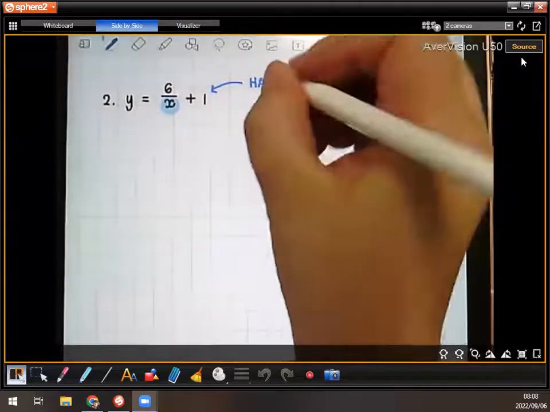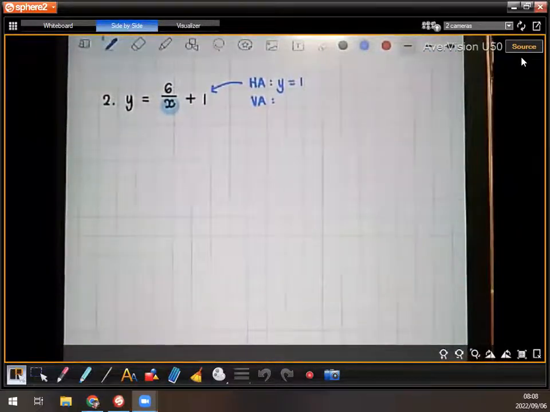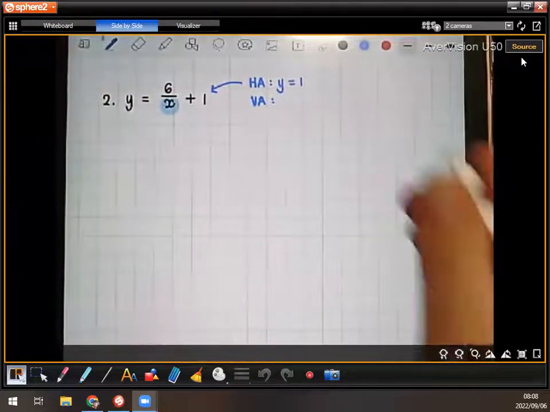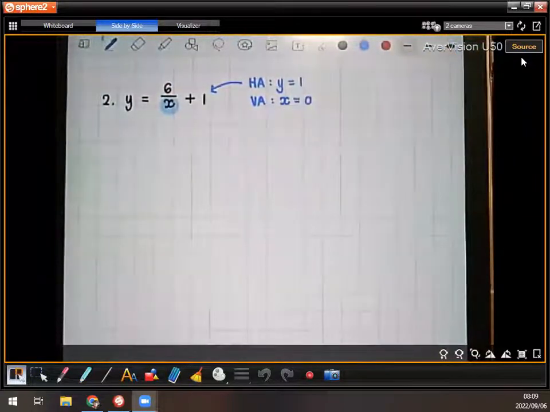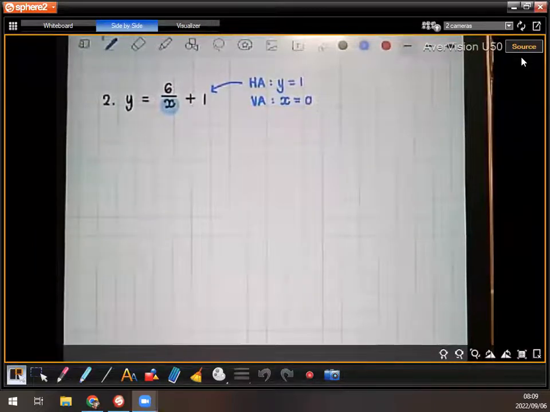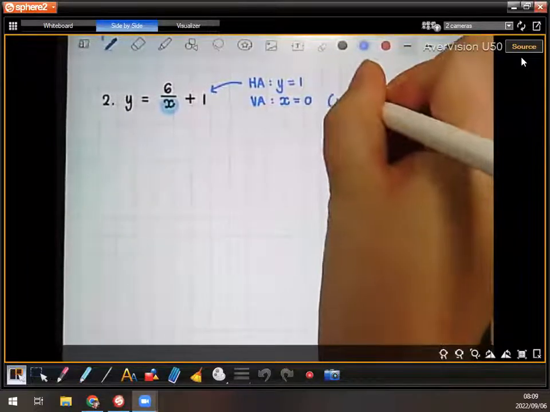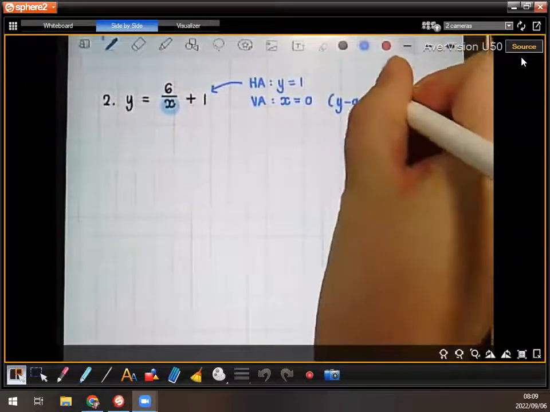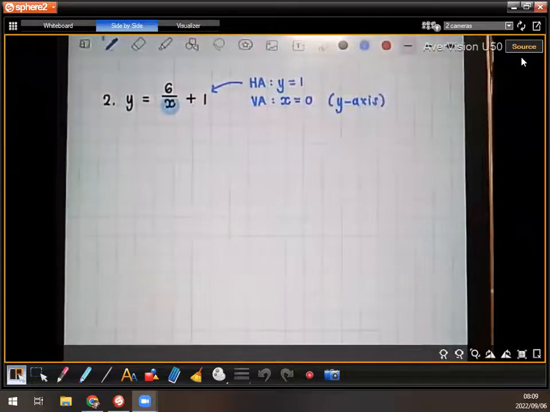The vertical asymptote in grade 10 is always going to be the y-axis. What is the equation of the y-axis? X equals 0. Good. So I'm just going to add here y-axis. So guys, since the y-axis is an asymptote, do I have a y-intercept?